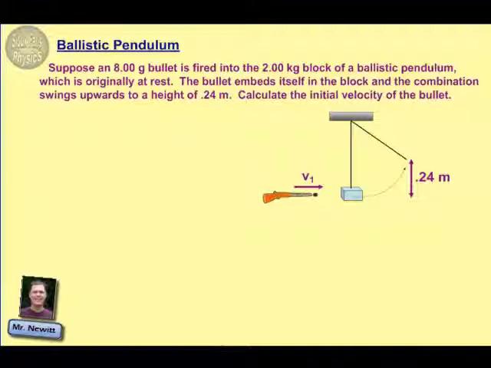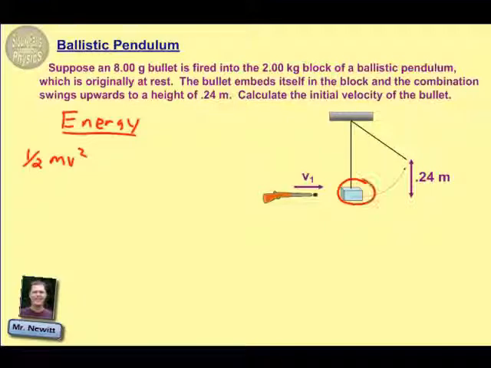Let's start first with the conservation of energy portion of the problem. Remember, conservation of energy is this portion of the situation over here on the right-hand side of my diagram.